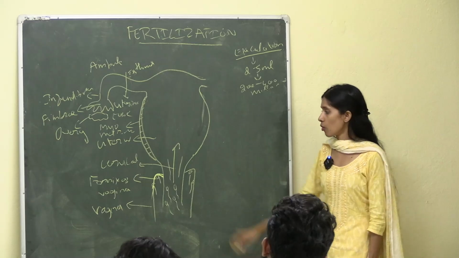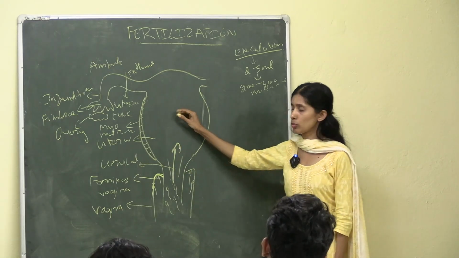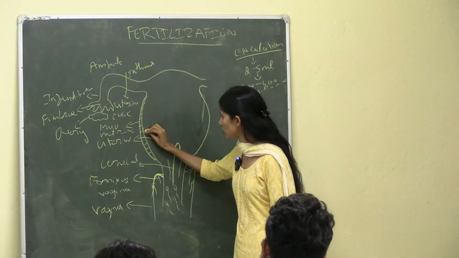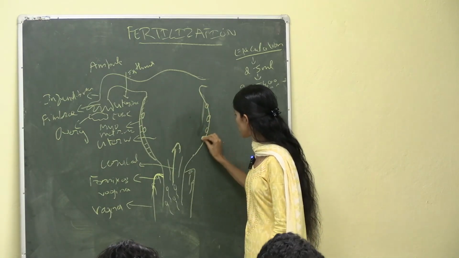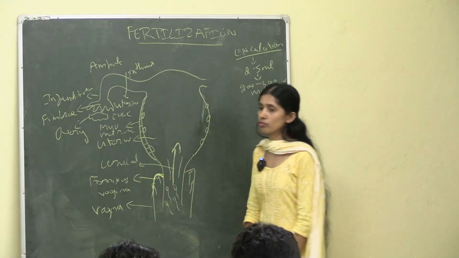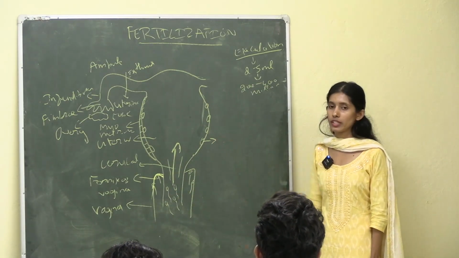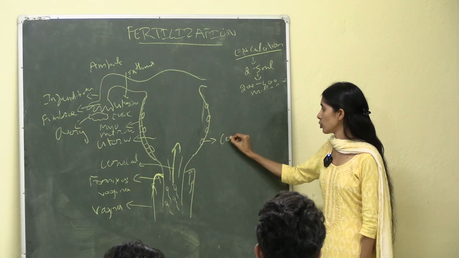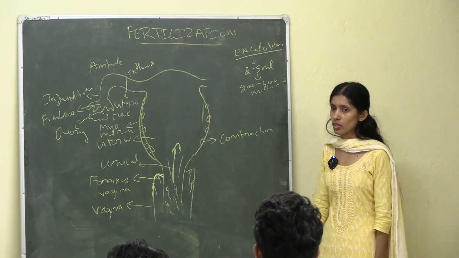Okay, once the semen fluid flows into the uterus part, the prostaglandins will come and attach into the walls of the uterus like this. Okay, so now these prostaglandins will help in the contraction of the uterus.